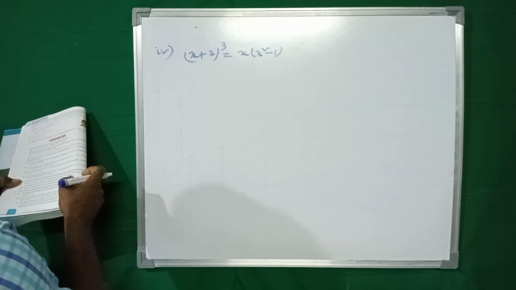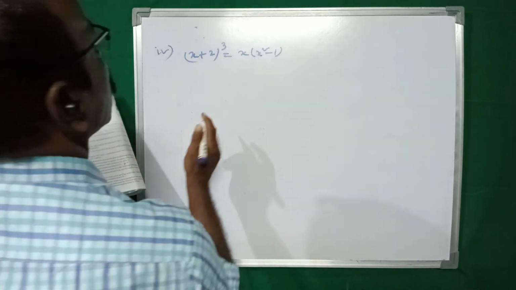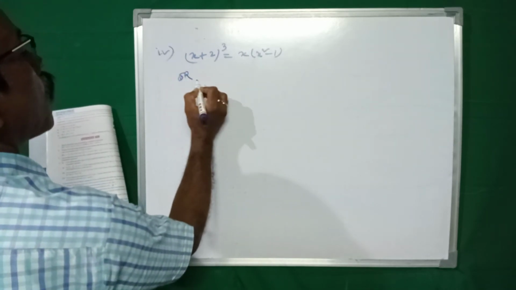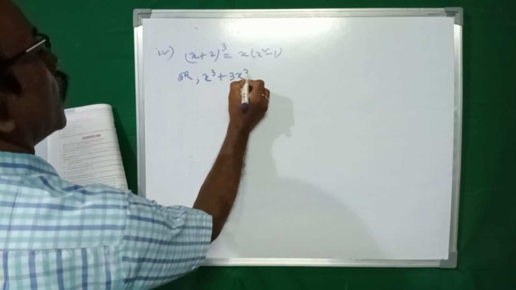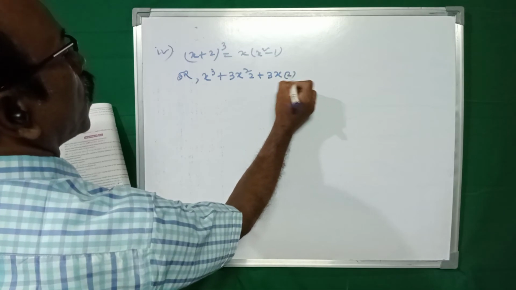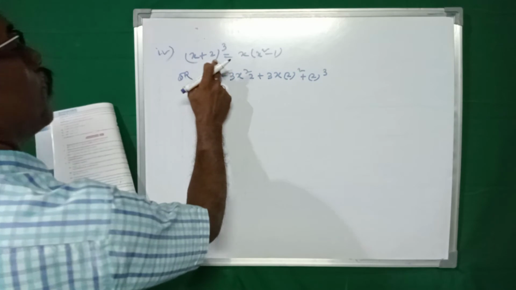Write the coefficients of x square, x and x0. See my student, a cube plus 3a square b plus 3a b square plus b cube is a plus b whole cube.